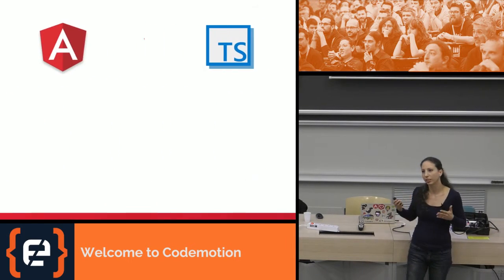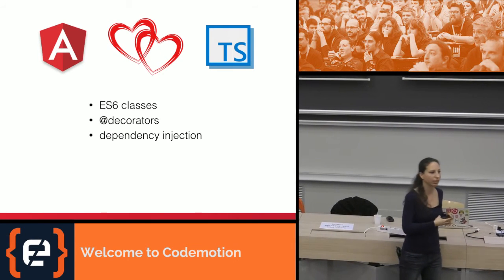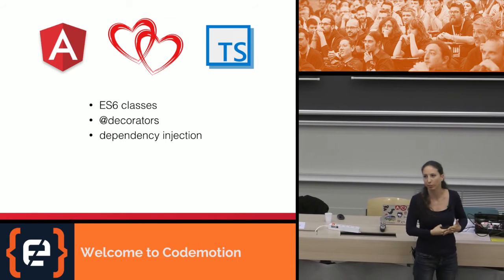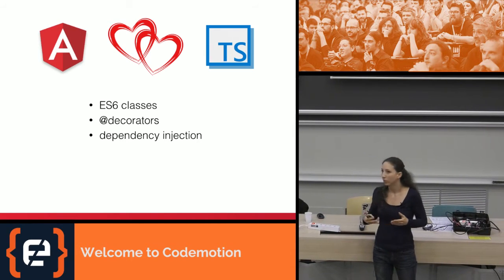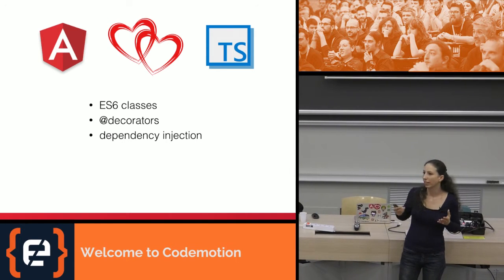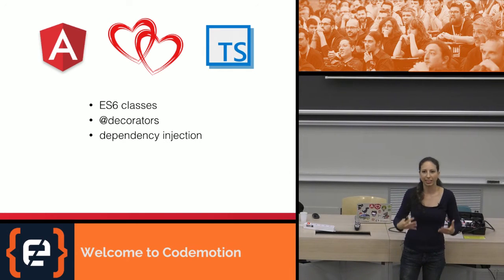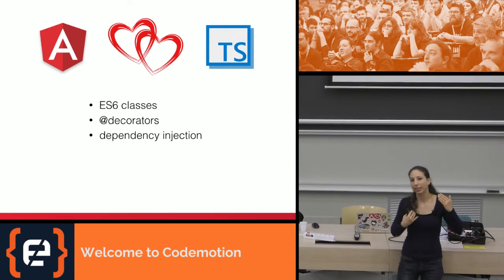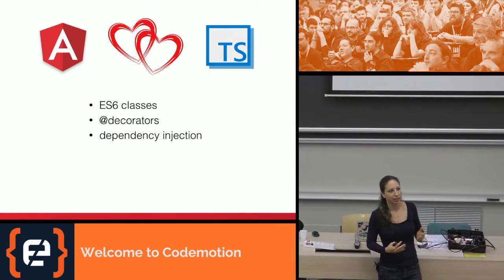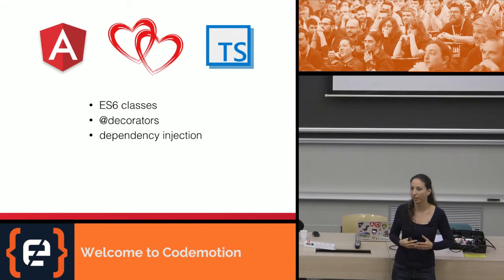But let's see what we have in TypeScript that is specifically helpful when we're developing Angular 2 applications. Everything in Angular 2 is classes. And TypeScript, along with ES6, gives us JavaScript classes to use. Every class is decorated with decorators that are given to us by TypeScript, and we'll see the usage of decorators later on.